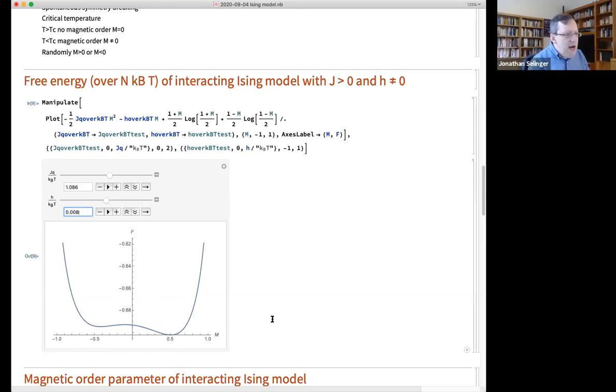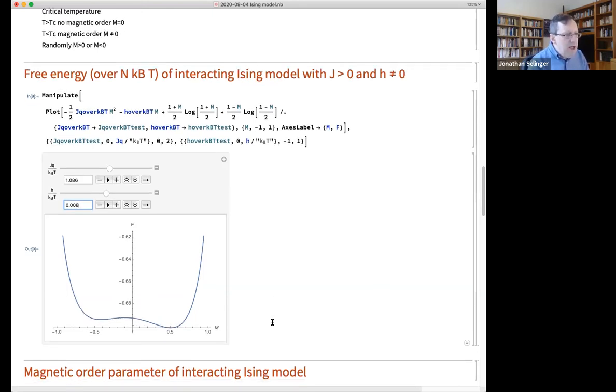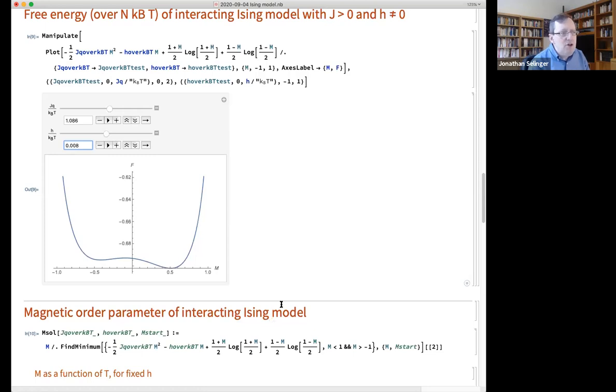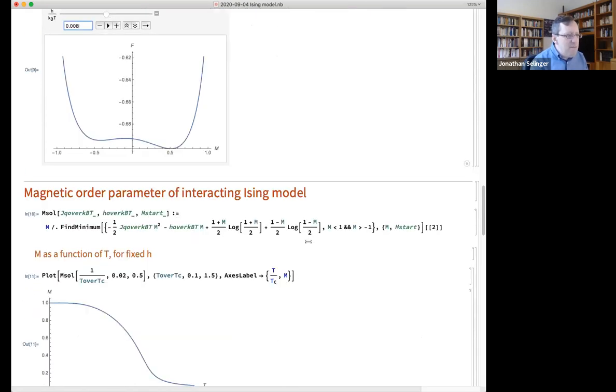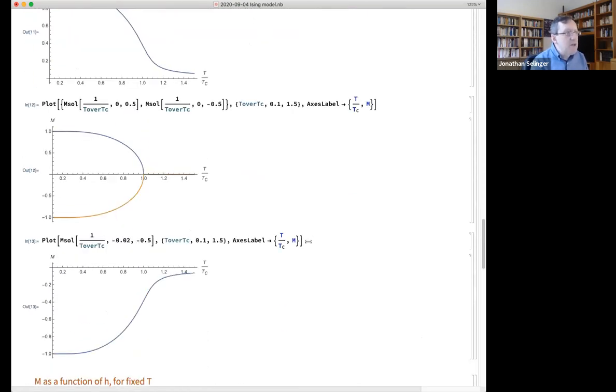So now we could do some numerical calculations to find where the minimum is. For any particular input field and input temperature, I can tell Mathematica, go calculate the minimum. And so I've done some examples here.